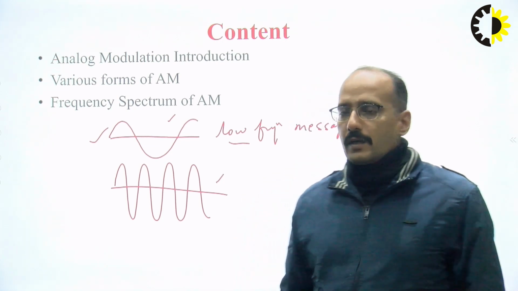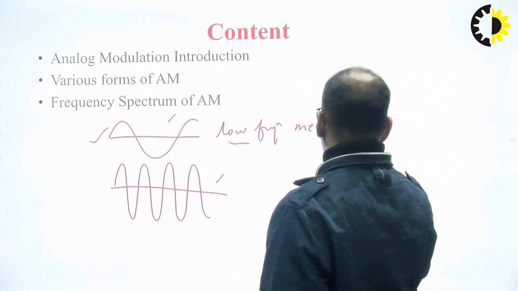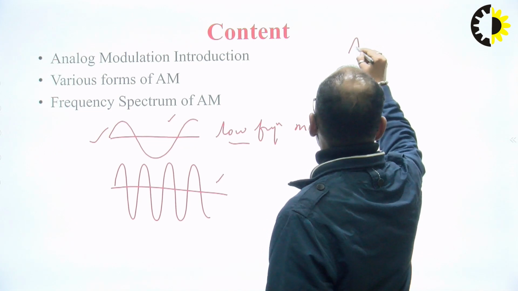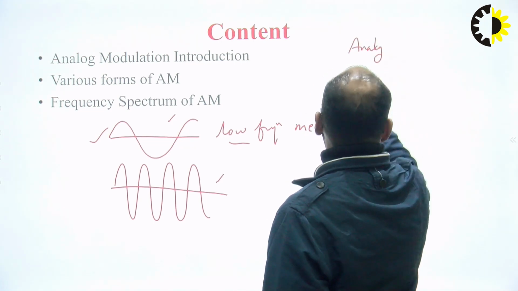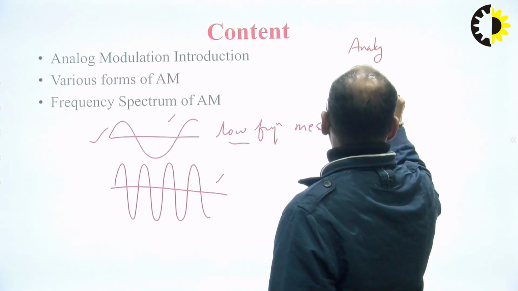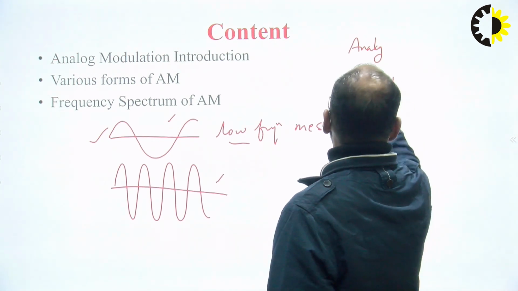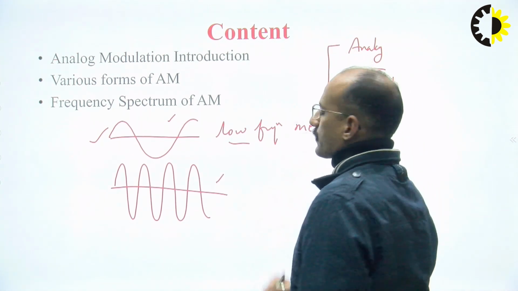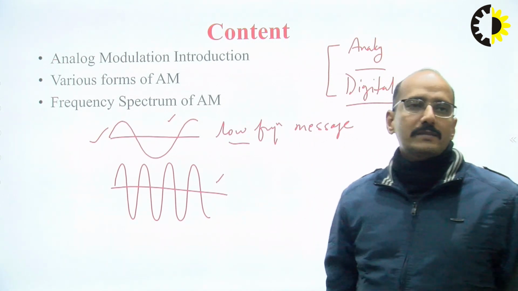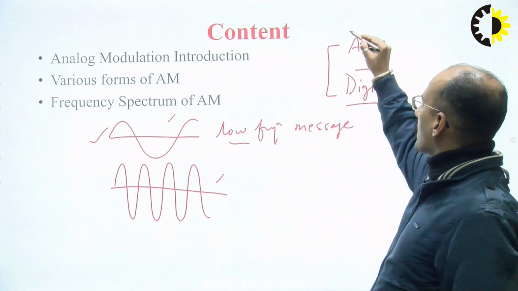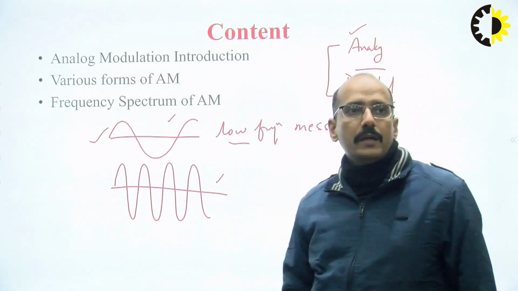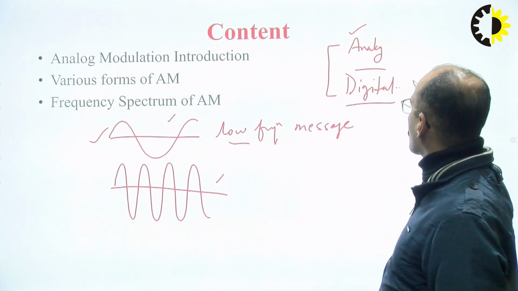So when we are talking about modulation, there are basically two types: first one is analog modulation and second one is digital modulation. This whole syllabus is related to these two types of communication, in which your first and second units are related to analog modulation, whereas the third and fourth units are related to digital modulation.